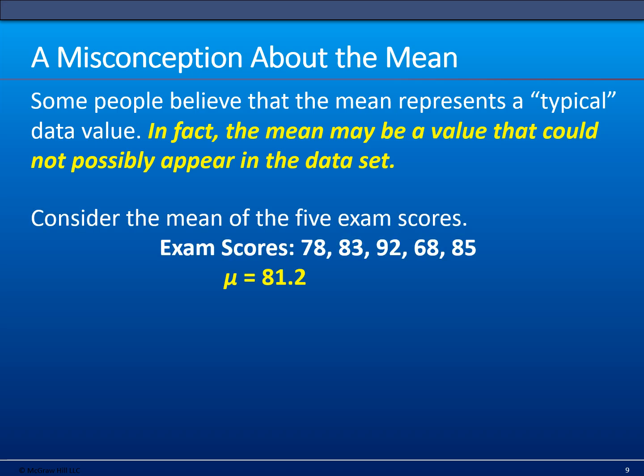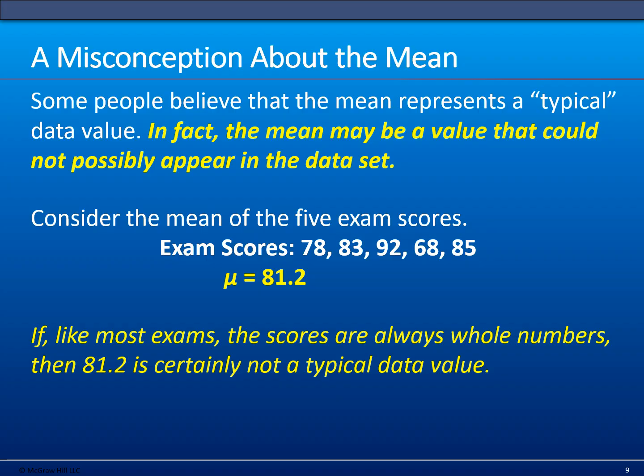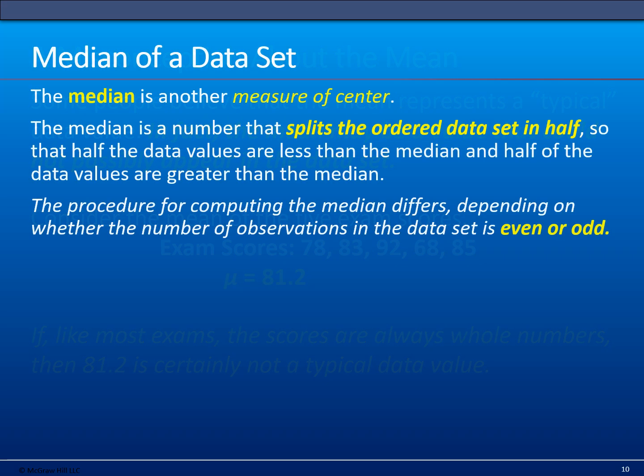So here we have 5 exam scores: 78, 83, 92, 68, and 85. When we take the average, we get mu, the population mean, of 81.2. Most exams probably have scores that are whole numbers, so 81.2 is not a typical data value, but it is certainly reliable here.